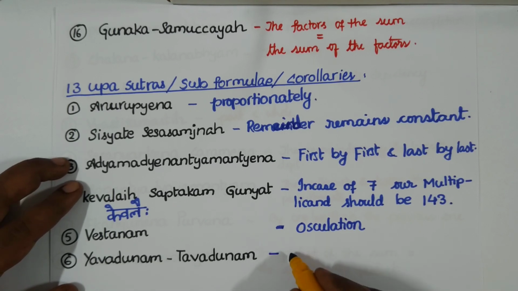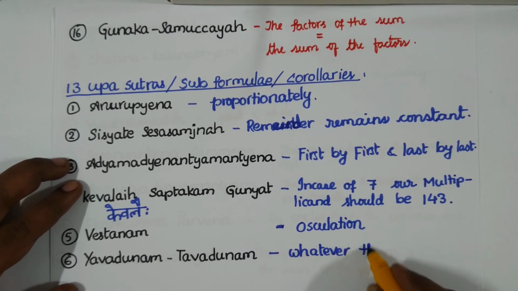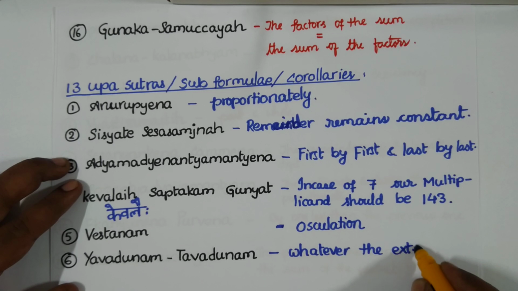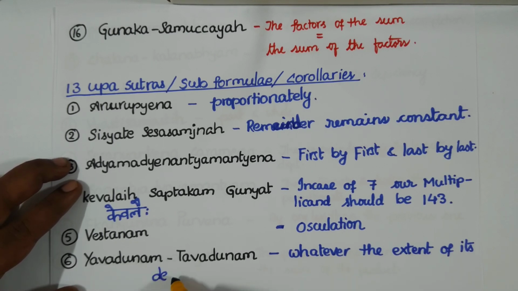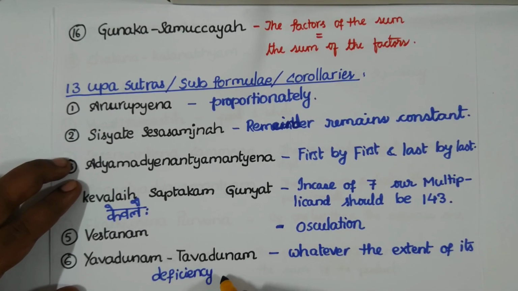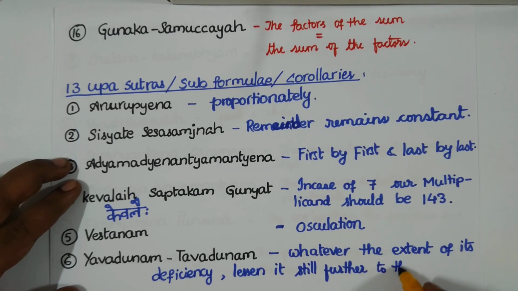Now the sixth one is Yavadunam Tavadunam. Yavadunam Tavadunam means whatever the extent of its deficiency. This is somewhat lengthy to write. It seems troublesome now, but you can trust me, it is very simple. Whatever the extent of its deficiency, you lessen it still further to that very extent.